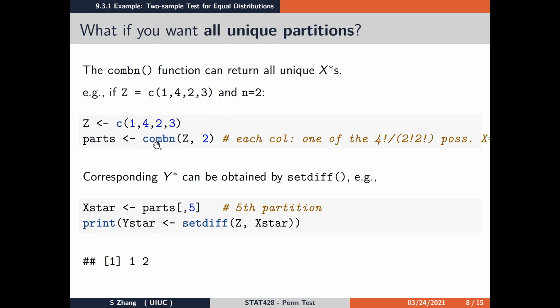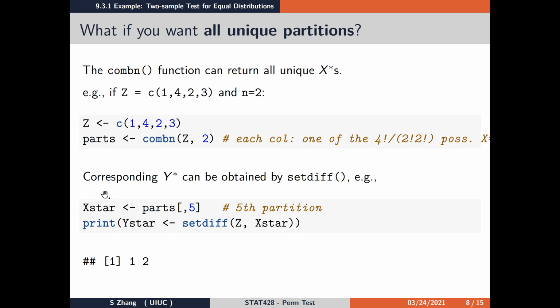If you do combination Z2, it will return you a matrix. I've stored it as parts. You can look at this element if you want. For this matrix, each column is going to be one of the 4 choose 2 possibilities of X stars.